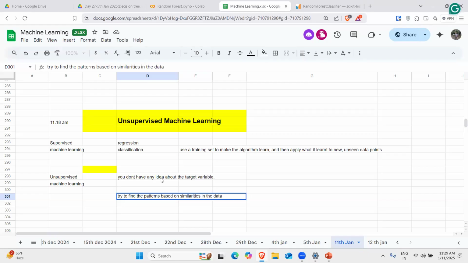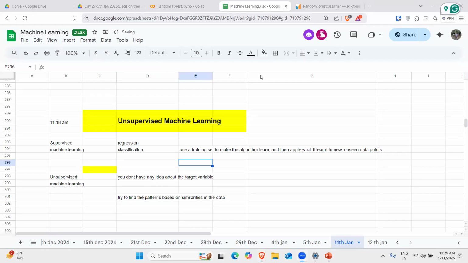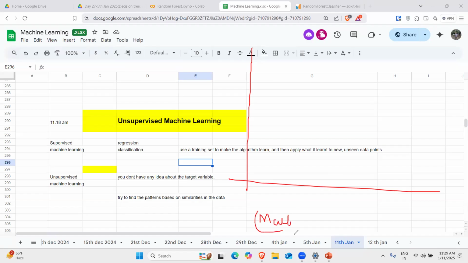What do you mean by similarities? Do you remember, I have given an example for unsupervised machine learning. Let's say you are working as a data scientist in a mall, let's say Geo Instamart.